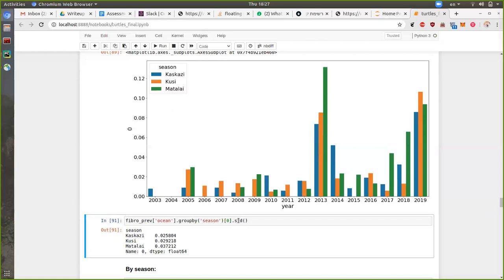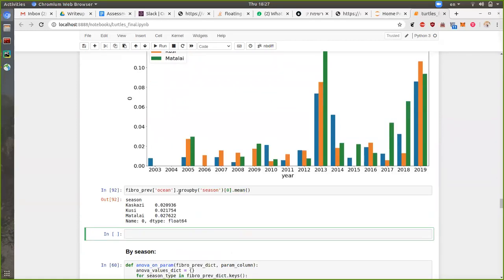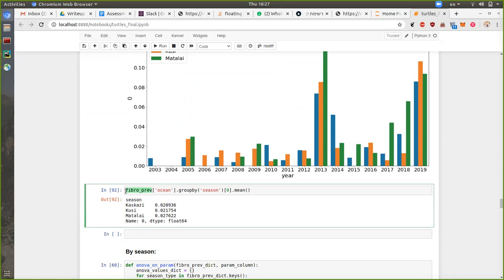Yeah, also more noisy. Oh, okay. What if we broke it down by month? Is it straightforward to do that?